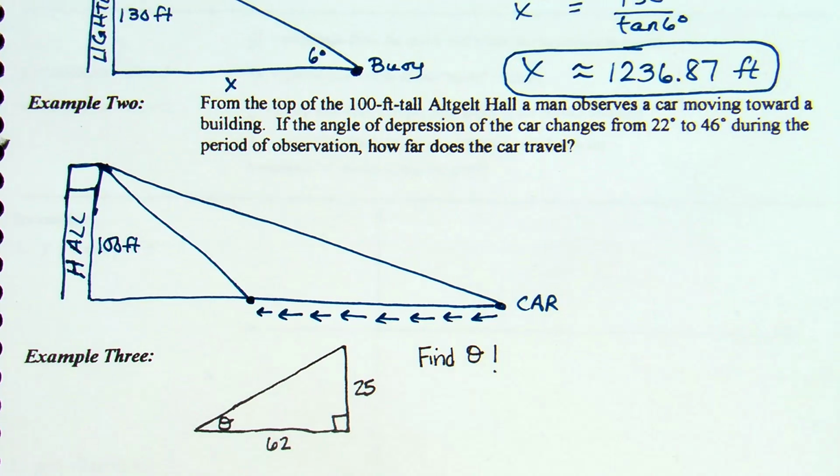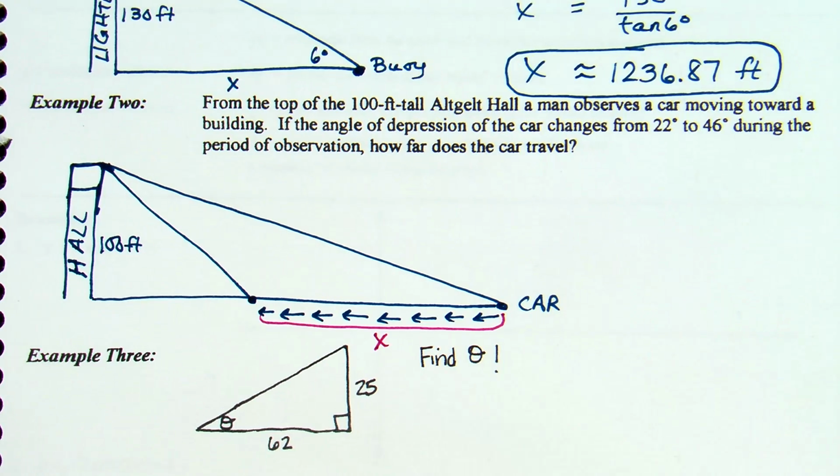What we're trying to find is that distance right there, because we want to know how far the car travels during this period of observation. I'm going to call that X.